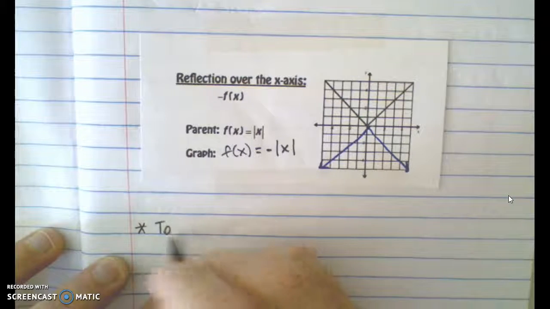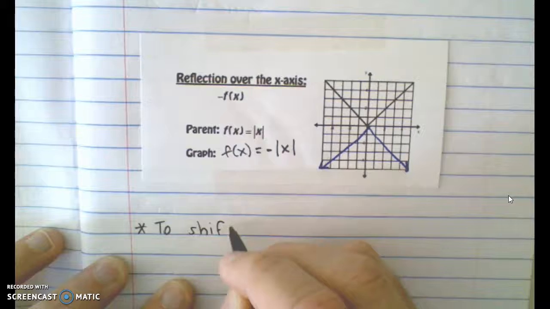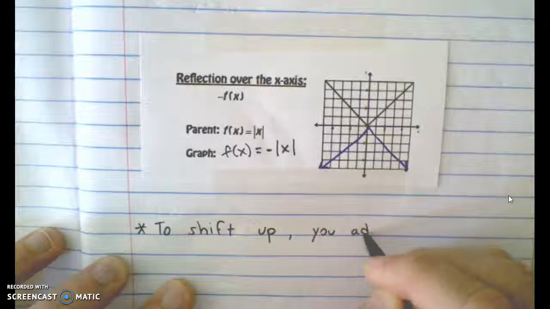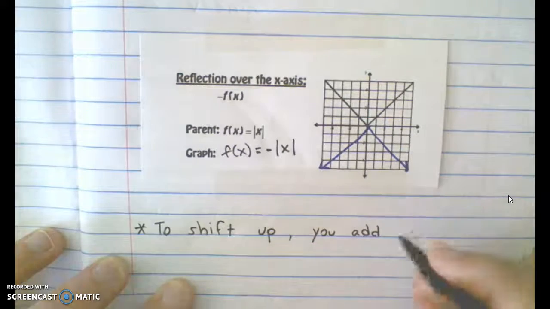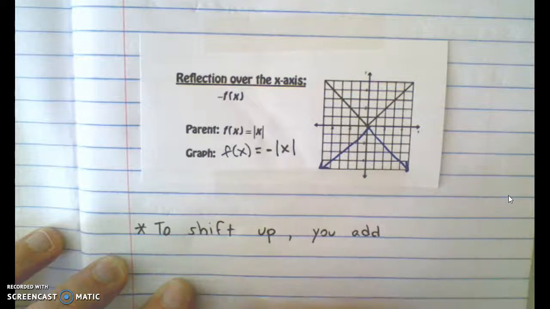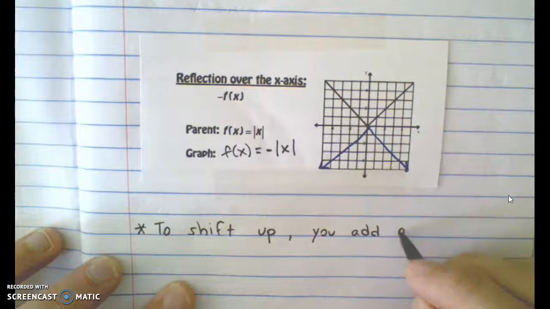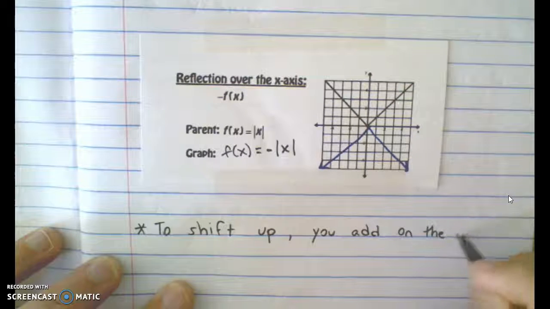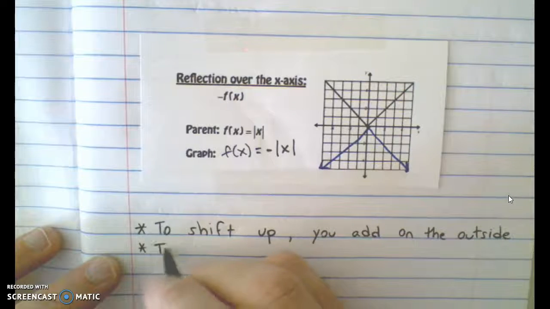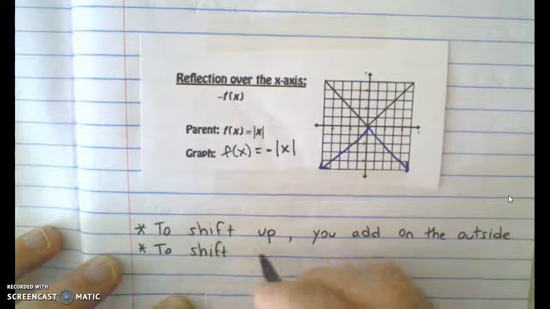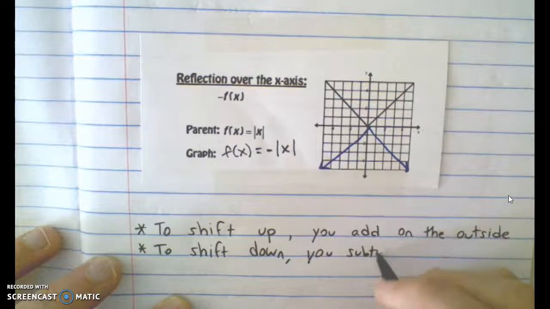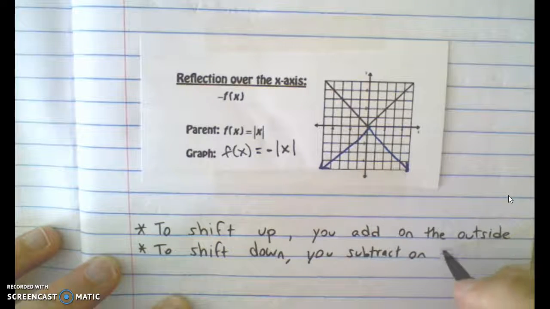To shift up, you add on the outside. To shift down, you subtract on the outside.